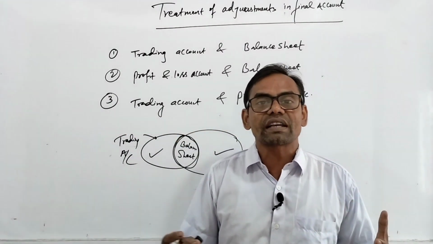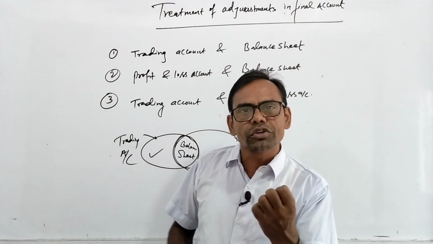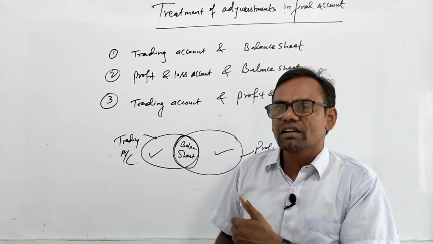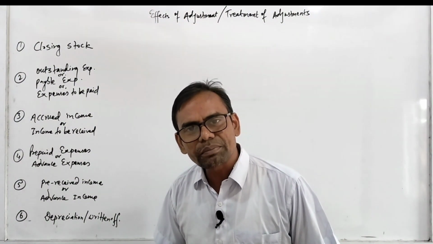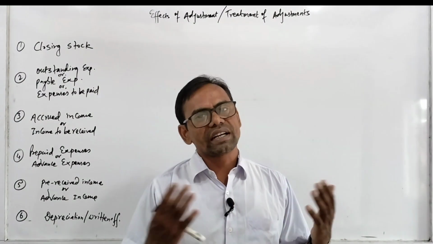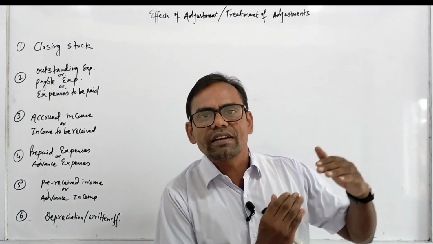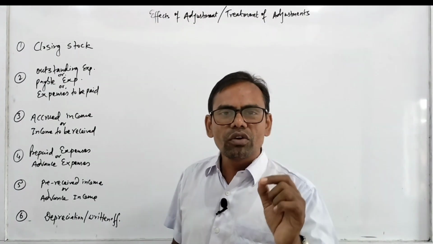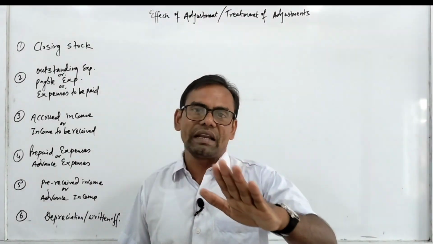Let's see some important adjustments which can be given in the examination and how you treat them in final accounts. Here some important adjustments are given below the trial balance, outside the trial balance. If the items are given in the trial balance, they are included in only one account, either trading account, profit and loss account or balance sheet.